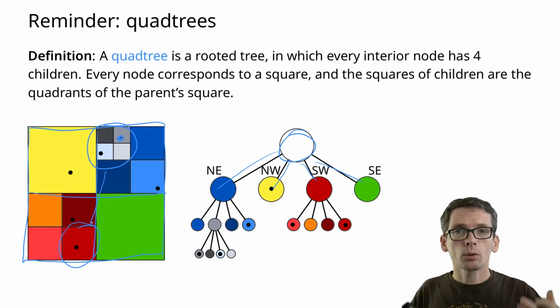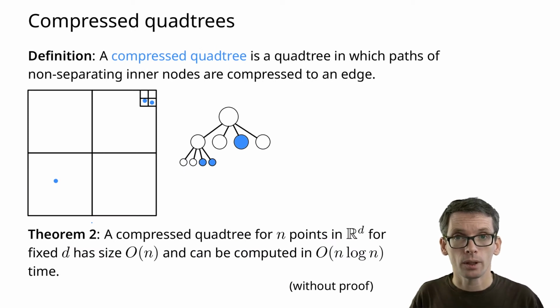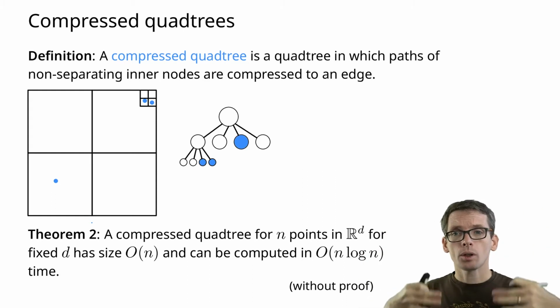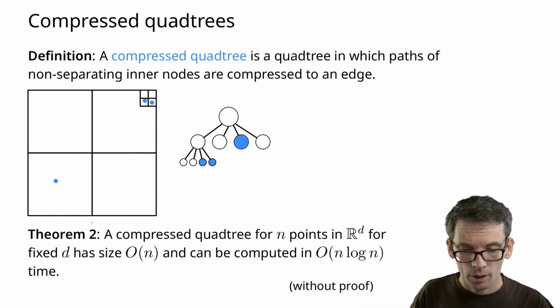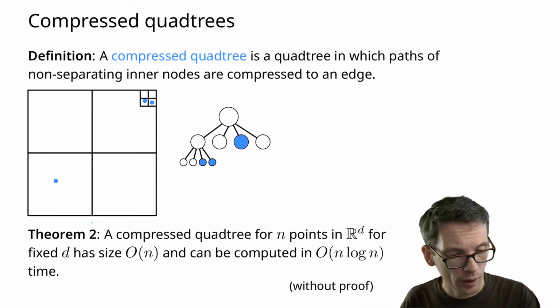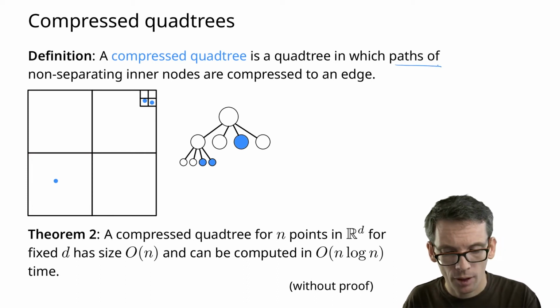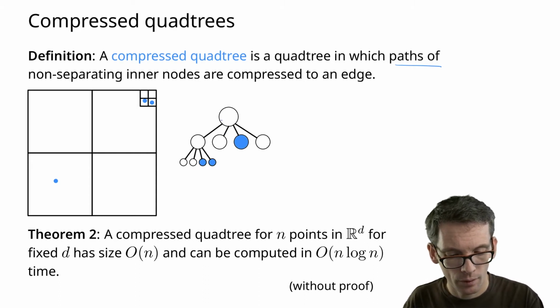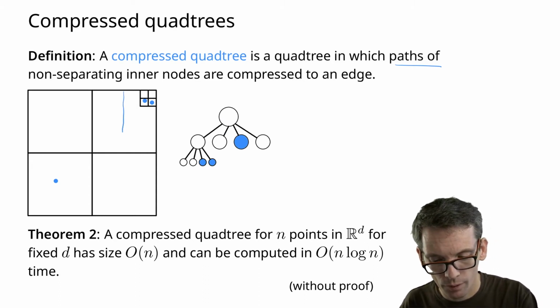First, we need one more tool, and that is compressed quadtrees. So a compressed quadtree is simply a quadtree where I have a path of degree 1 nodes in the interior of the quadtree.